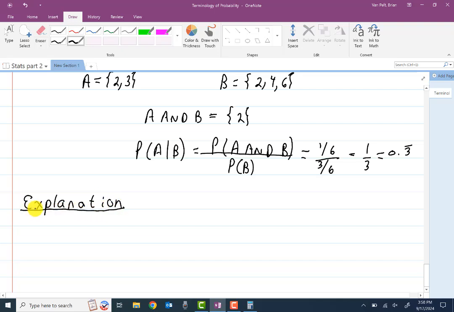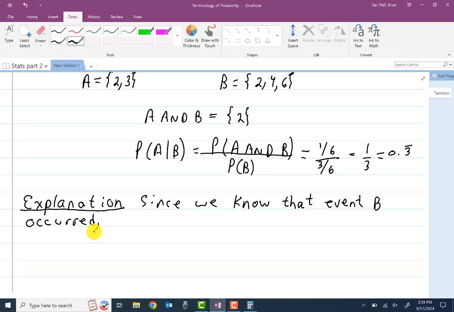All right, since we knew that B already happened, it's like somebody rolled the die, but we're not allowed to see it, but they're giving us hints about it. Since we know that event B already occurred, we know that the outcome is already going to be one of the even numbers.